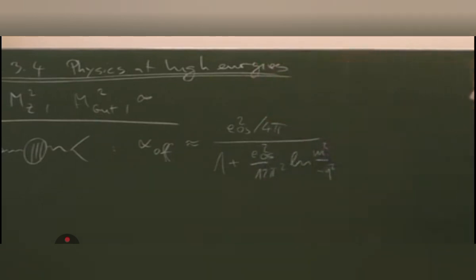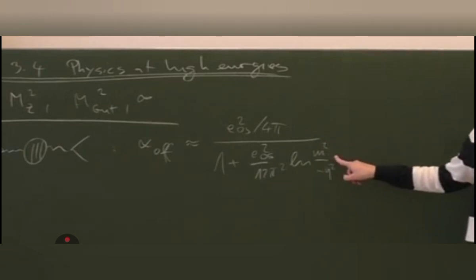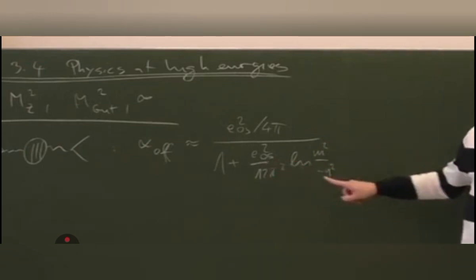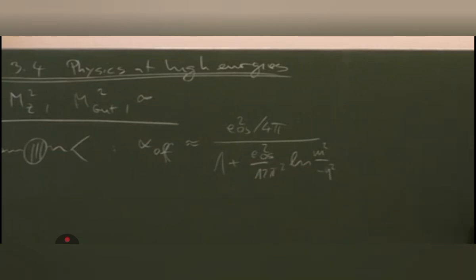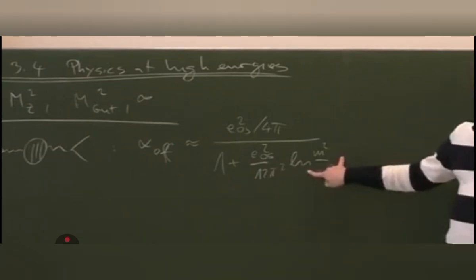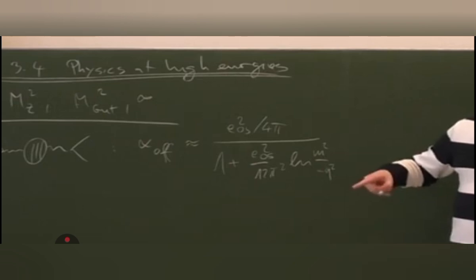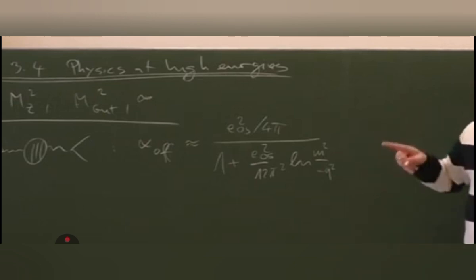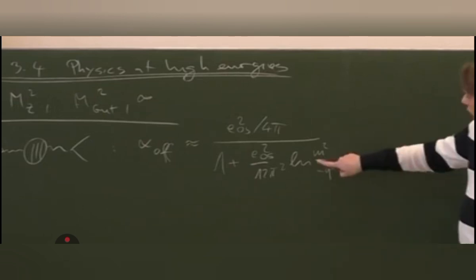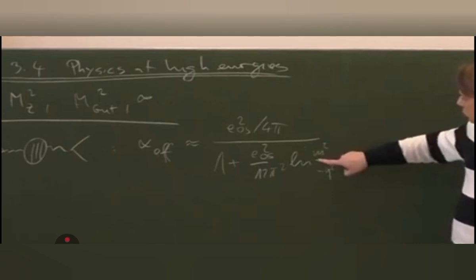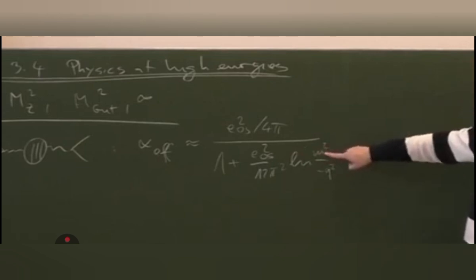Okay, and here I have inserted two things. First of all, I have inserted the on-shell renormalization scheme. In the on-shell renormalization scheme, our vacuum polarization is modified by that counter term delta e, which had a specific value, and it led to replacing the mu square from the calculation by the electron mass square here.